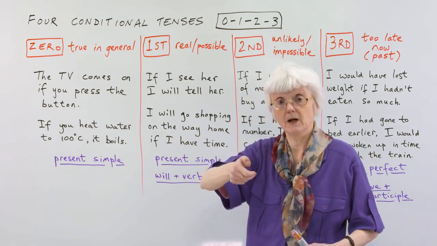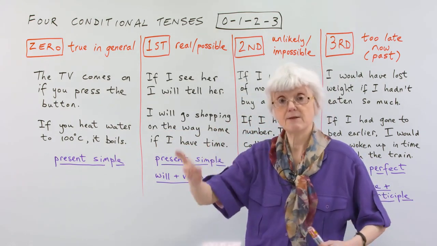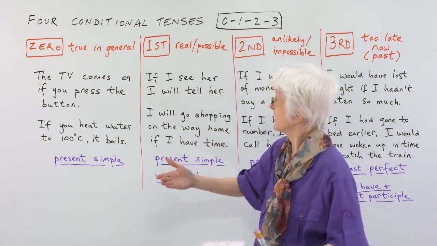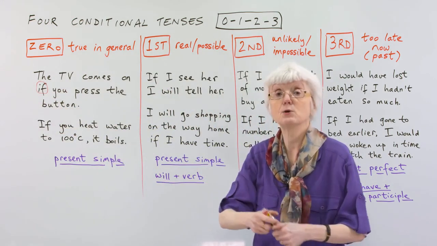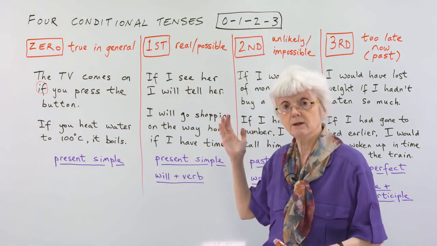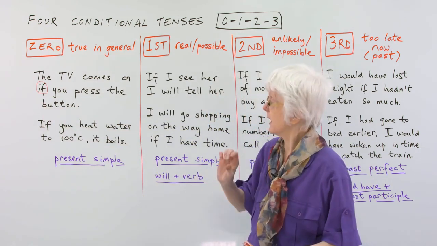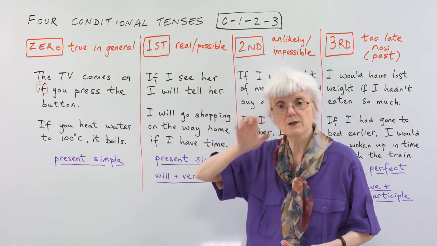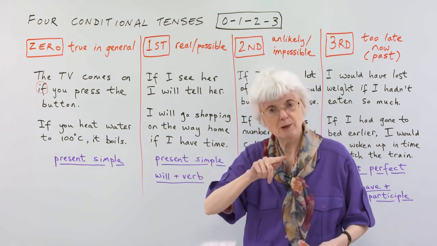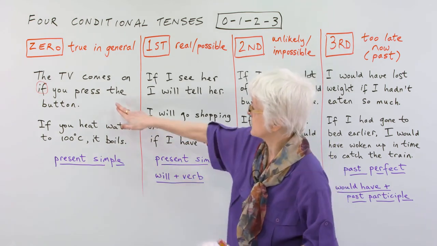Press the button either on the TV or on the remote, and the TV comes on. Also, the word if is used in all of these conditionals. If is the sort of pivotal word. If you do something, then something else will happen, that sort of thing.